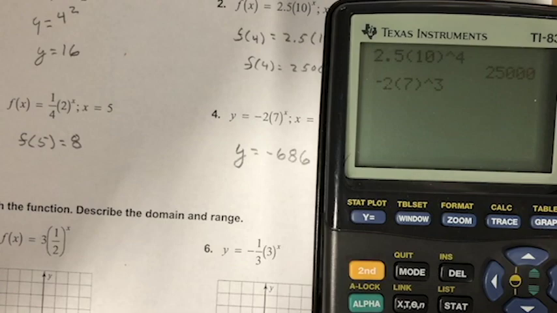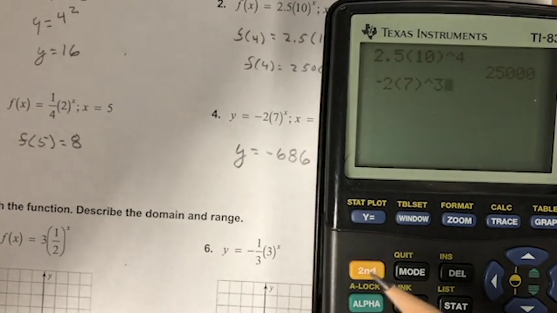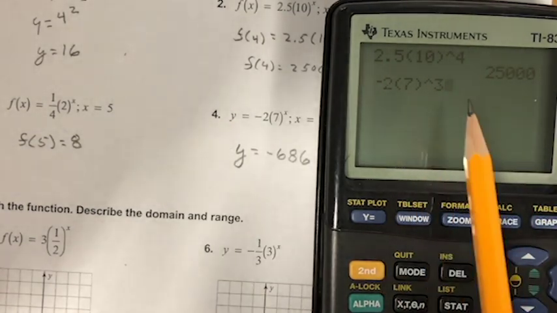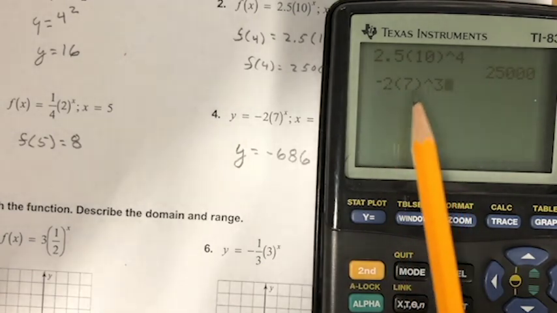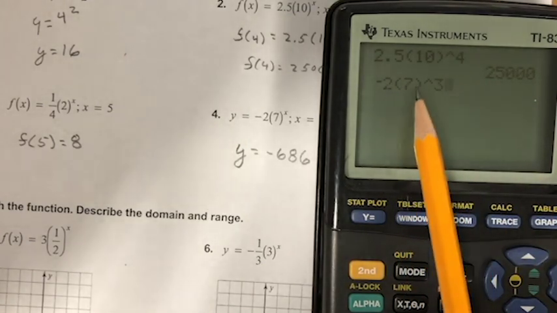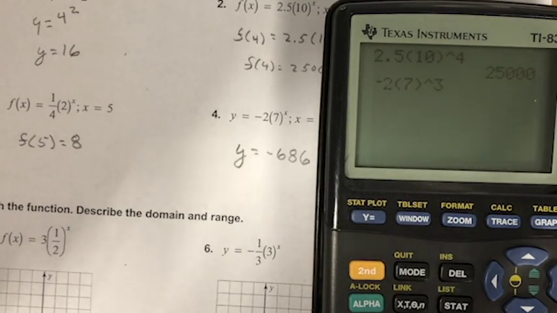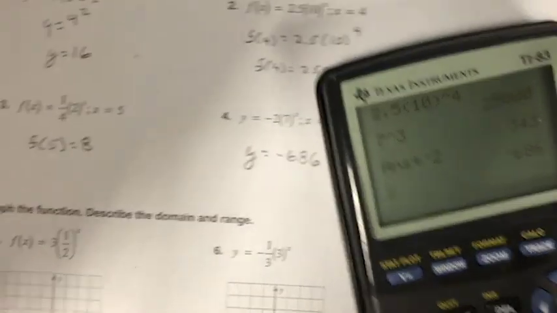If we follow our PEMDAS rules, please excuse my dear Aunt Sally, what is actually being raised by this exponent is the 7, not the 2, but the 7. So this gets raised first, 7 to the 3rd power, and then we multiply it by the negative 2, if we follow PEMDAS, okay?